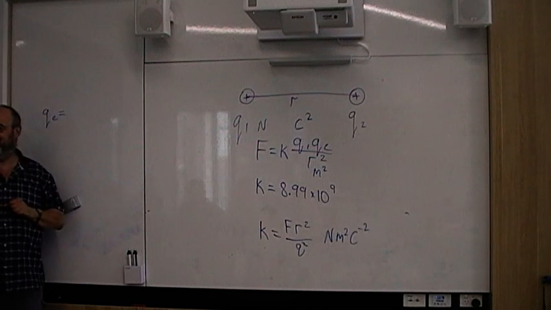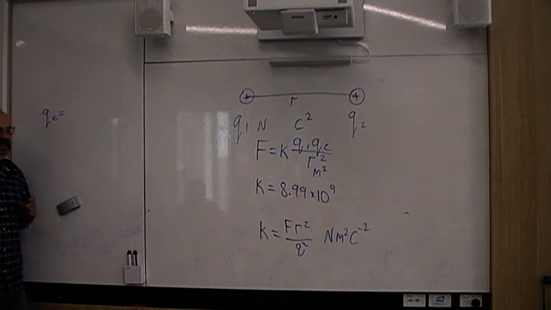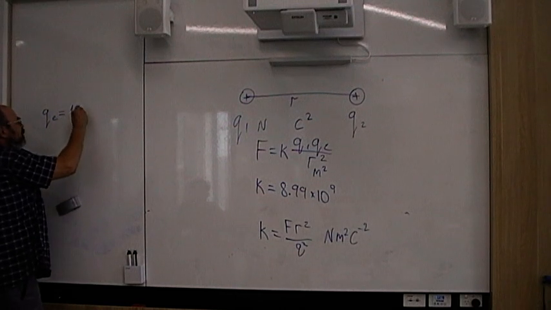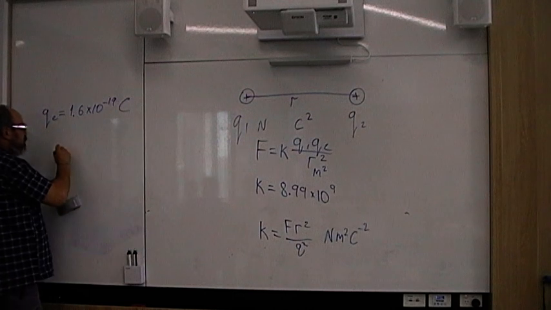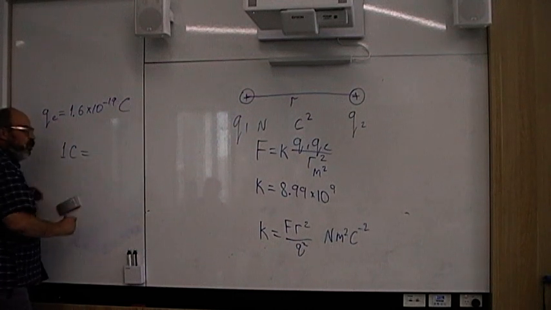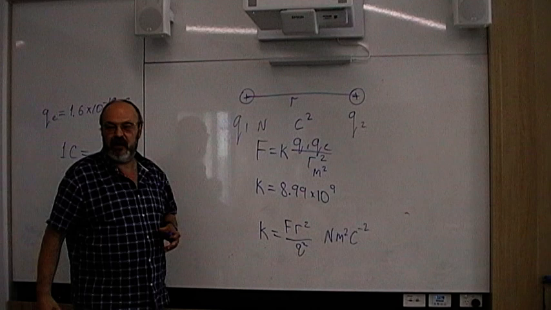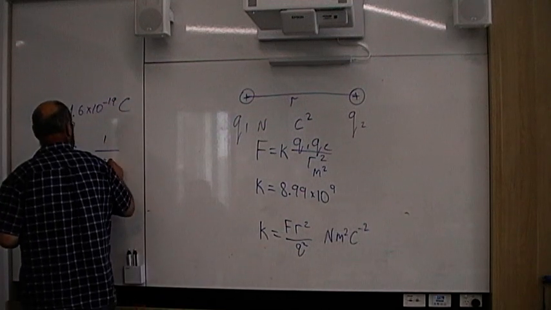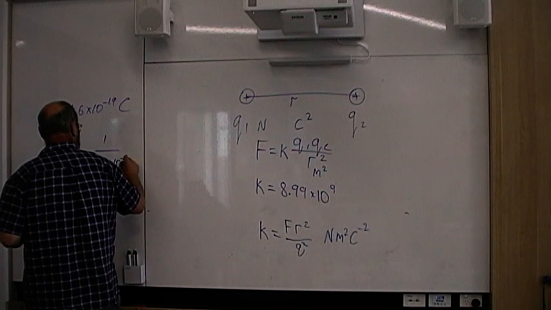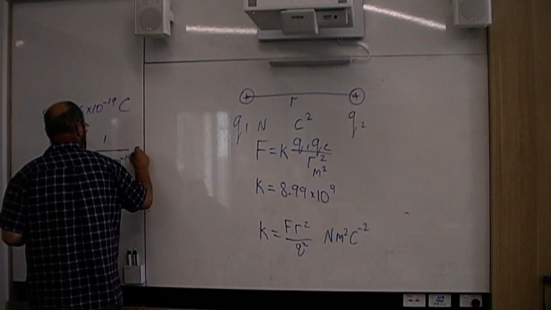It is small, but negative: 1.6 times 10 to the negative 19 Coulomb. So how many electrons do we need to make 1 Coulomb of charge? We divide 1 over 1.6 times 10 to the negative 19.